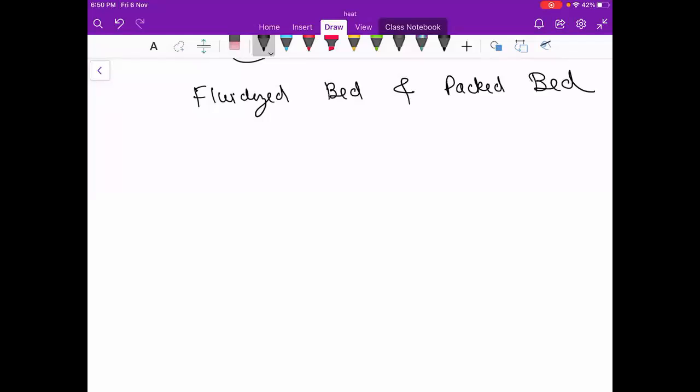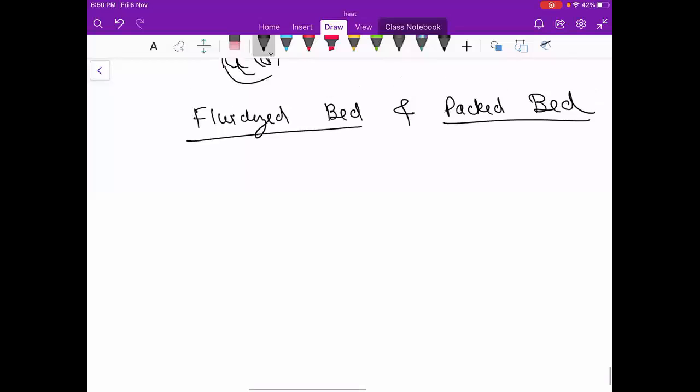Vapor needs to penetrate. Okay, see, packed bed and fluidized bed. So if I want to compare both of them, which one will be good?